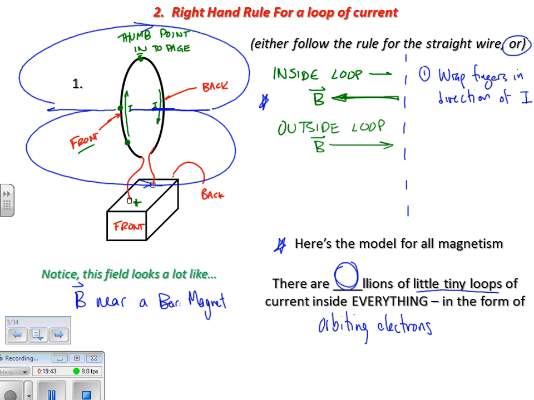So in this case, my fingers would go up the front of the loop, and then down the back of the loop. Notice, if our thumb is pointing straight out, thumb points in the direction of magnetic field. Hugely important qualifier: inside the loop.